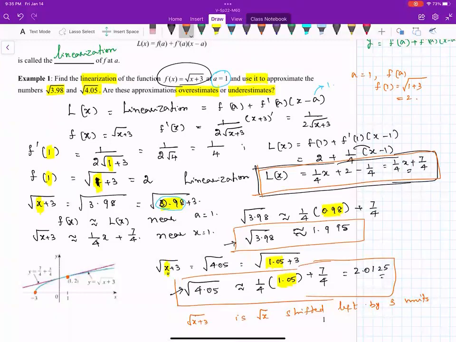The tangent line is above square root of x plus 3. So instead of getting the values on the blue graph, you're getting the values on the red line. The red line is above the graph at (1, 2). So the estimates that you're getting are only overestimates.